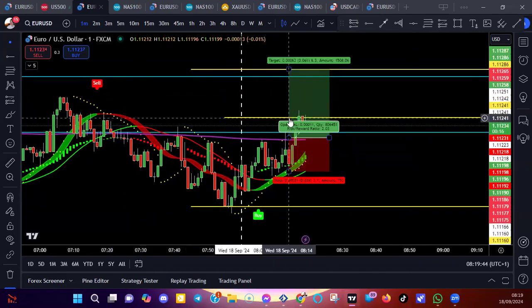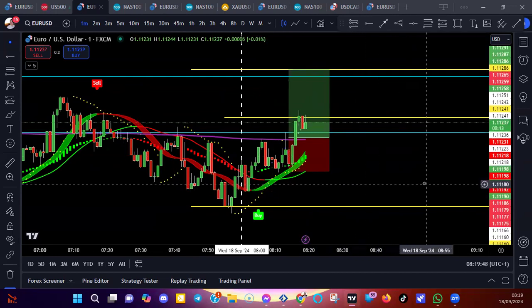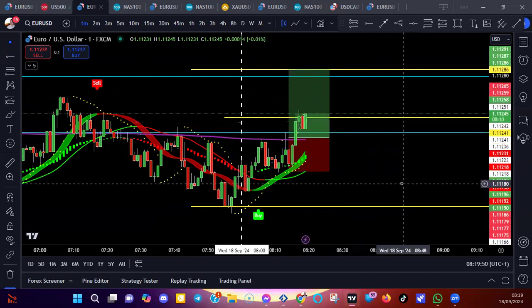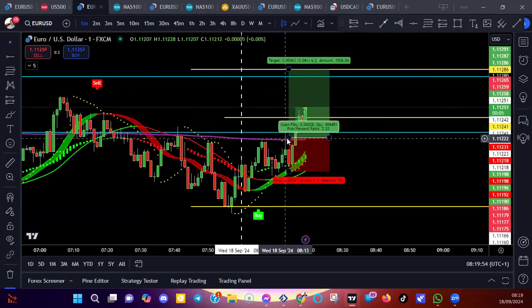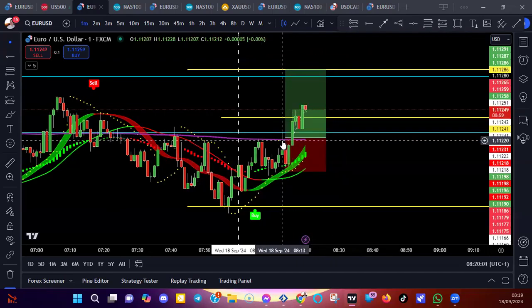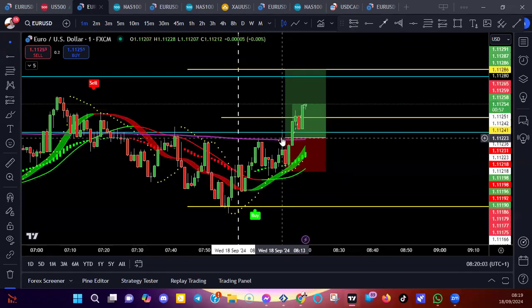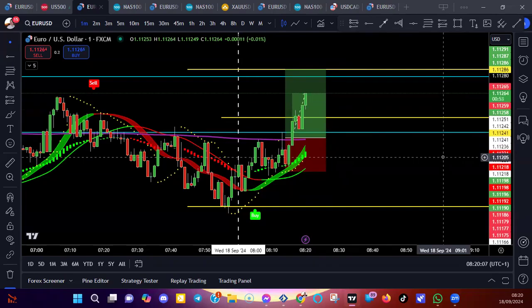So we're in this sell zone now. So I would be putting my stop loss to there, like I said I would. Well, I would have when I've got to there really, but let's see what happens.